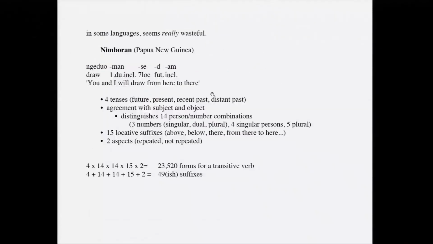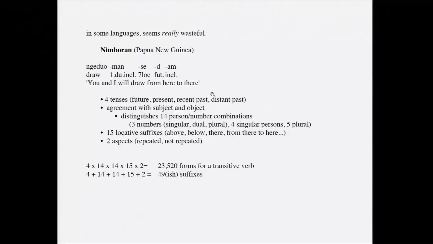In some languages, it would be really wasteful to try to have a lexical entry for every form of every word. Here's a language of Papua New Guinea. It's called Nimboran. It has 4 different tenses, future and past, and recent past and distant past. There are suffixes on the verb that tell you things about the subject and the object, where there are 14 different types of subjects and objects that it recognizes.